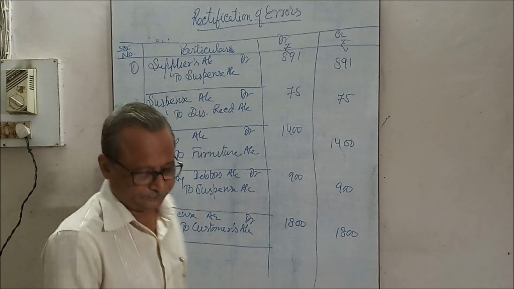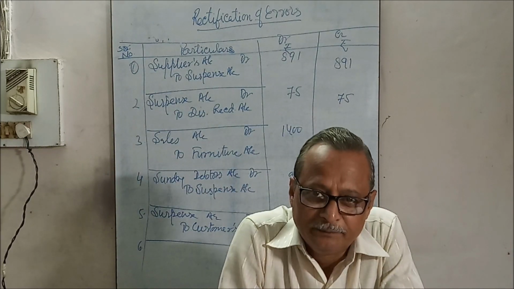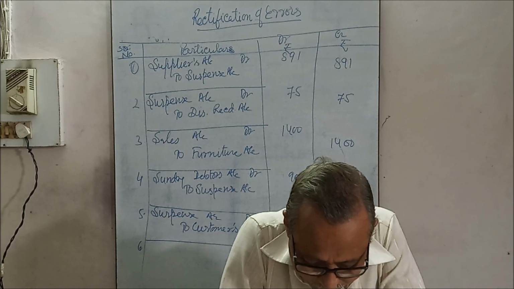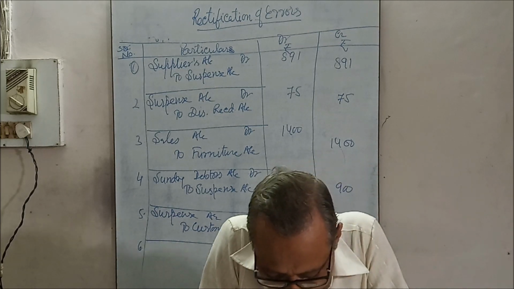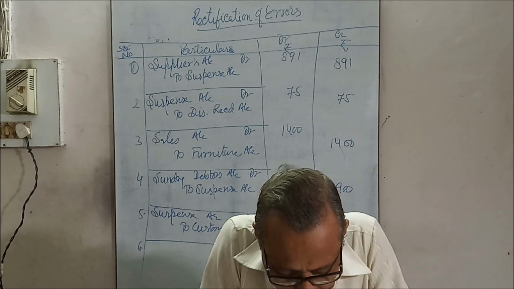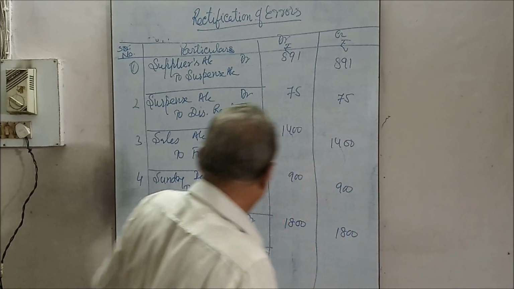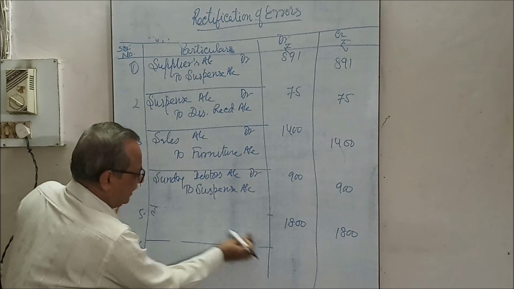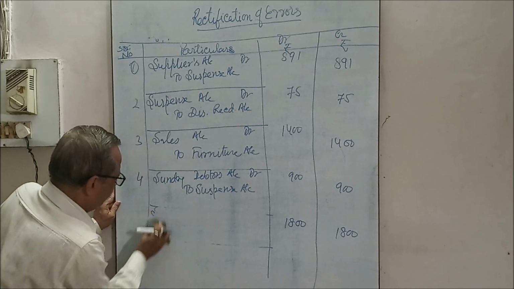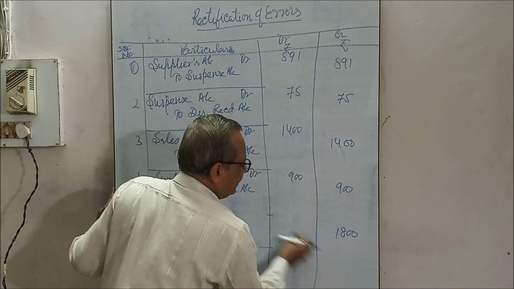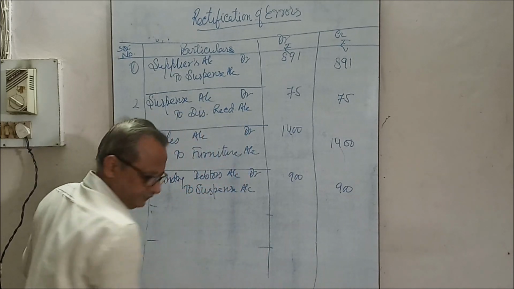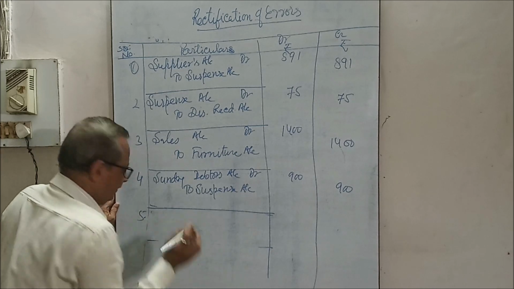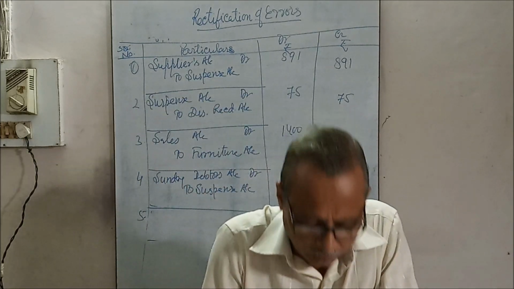Question number 6. Point number 6. Oh, sorry. No, I have entered that wrongly. It is the wrong question I read. So let me correct it first of all. While reading, I missed reading the whole.